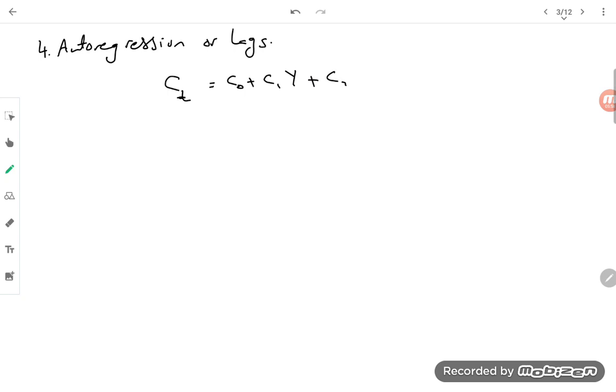Number 4, the autoregression or lags. In some econometric models, we are going to use the lag of the dependent variable as one of the explanatory variables. Say, for example, this is the consumption function, c node plus c1 y plus c2 c t minus 1 plus ut.